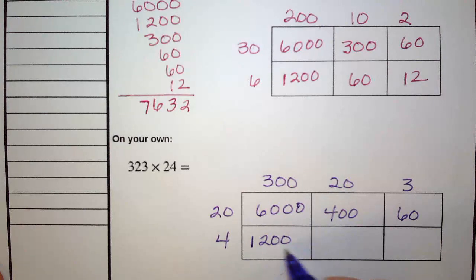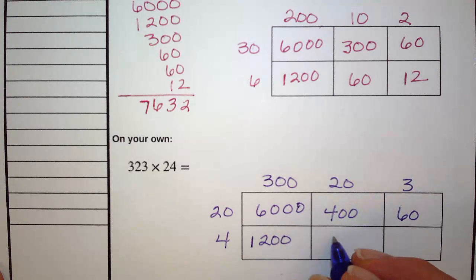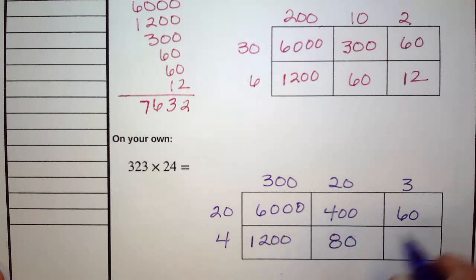Add your 2 zeros at the end. 4 times 20 is 80. 4 times 3 is 12.